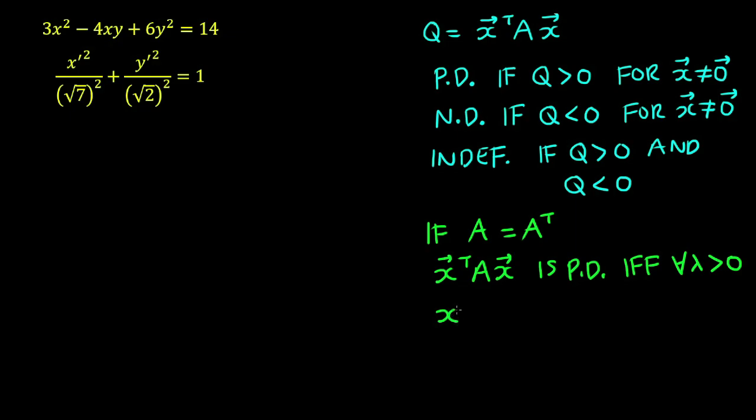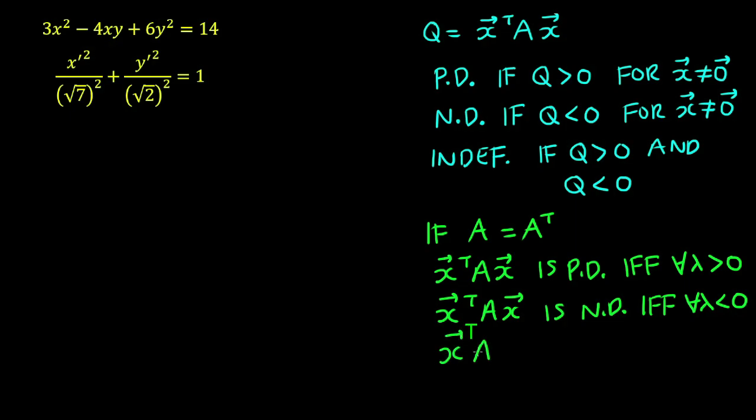And similarly, x transpose by A x is negative definite if and only if all eigenvalues of A are negative, and the quadratic form is indefinite if A has at least one negative eigenvalue and at least one positive eigenvalue.